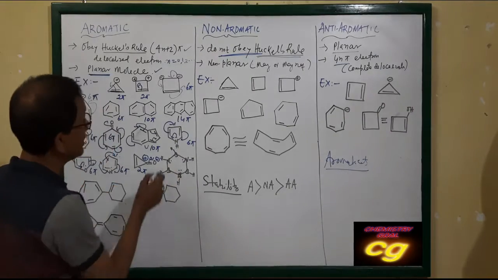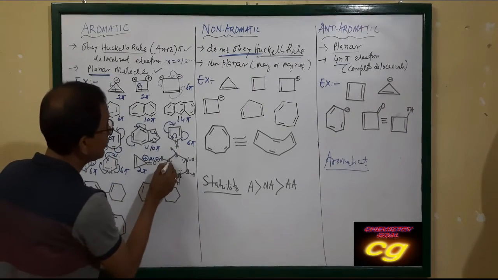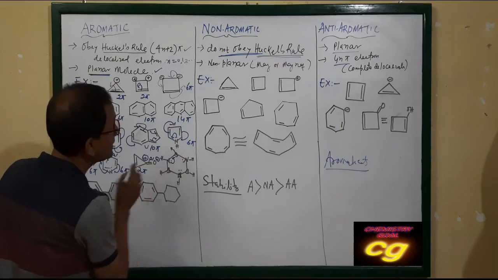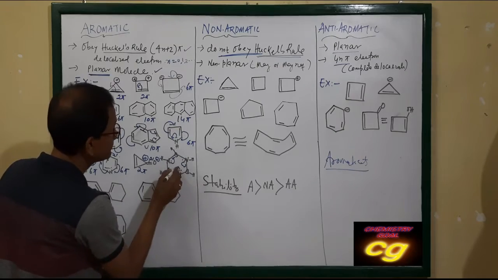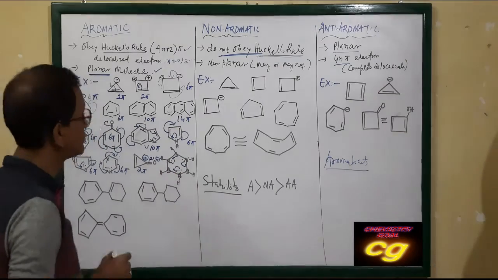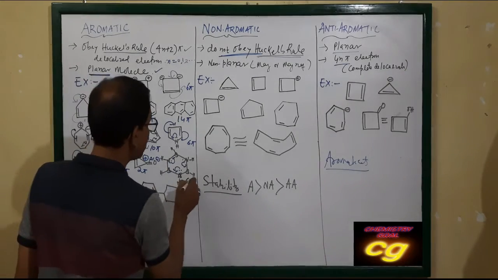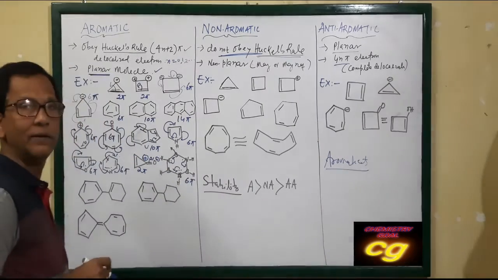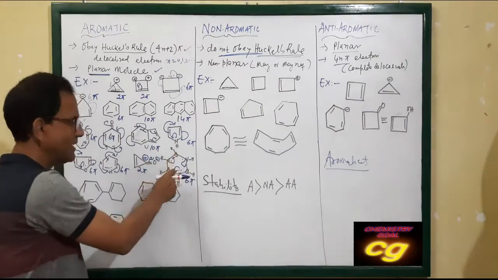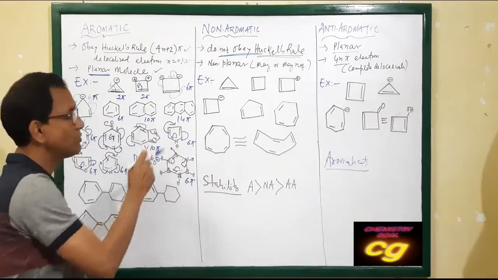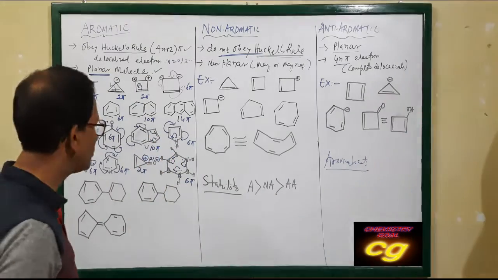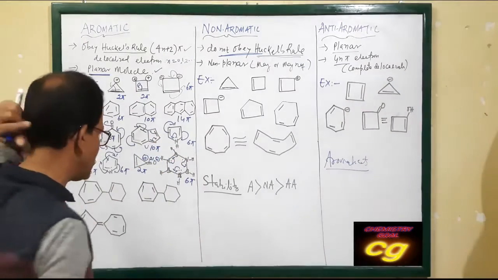This is also delocalized because this lone pair will delocalize like this. So you can say 6 pi inside the ring, that is inorganic benzene. It also has 6 pi delocalized electrons and is planar after delocalization.